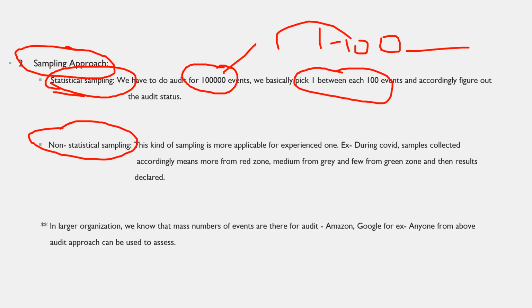But the question arising here, guys, is how you pick the samples. Let's take an example. During COVID time, many people were infected all around, with more people infected in the red zones, a medium number in the gray zone, and very few in the green zone.